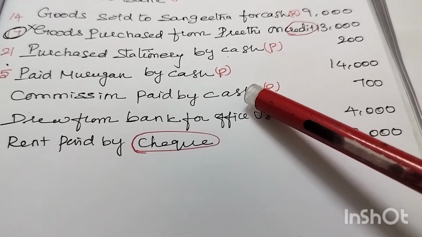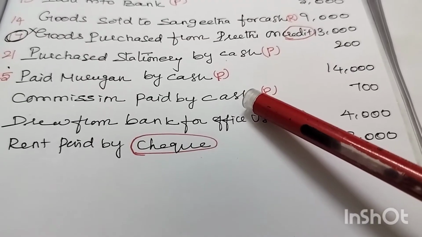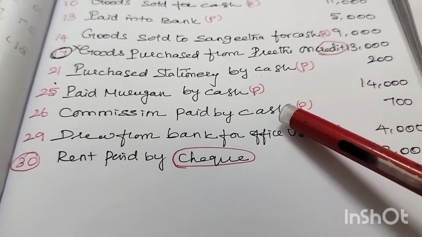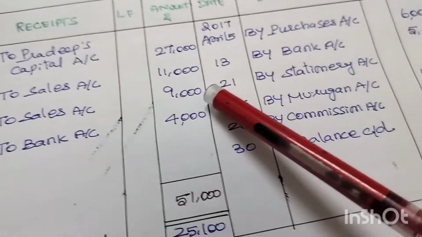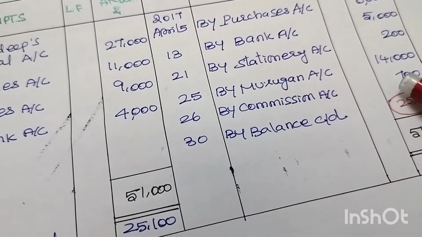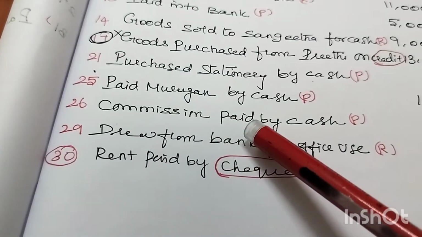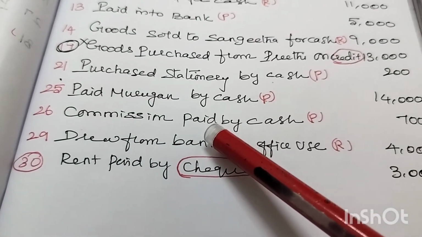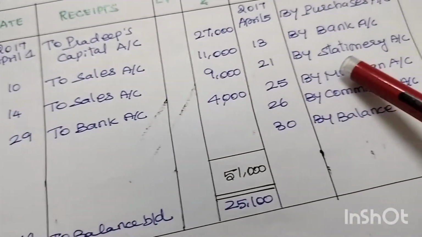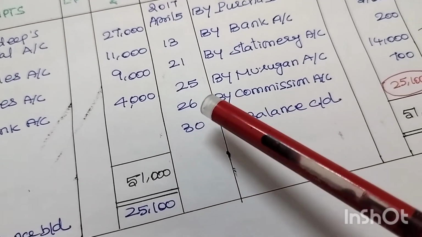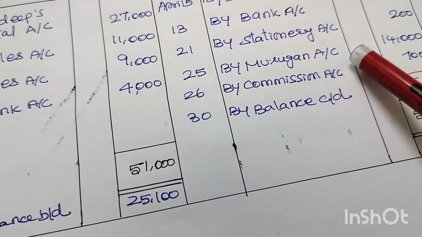What is the opposite account from the cash account? Commission account. So you go to credit side, dated April 26, by commission account 700 rupees. In other way, you can think commission paid means payment. Okay. So you go to payment on the single column cash book, write by commission account 700 rupees.